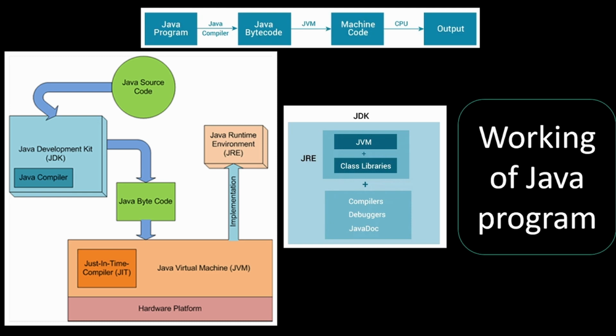Then the JVM takes this bytecode and converts it into machine language code. This machine language code is what the CPU understands, the instructions and commands.